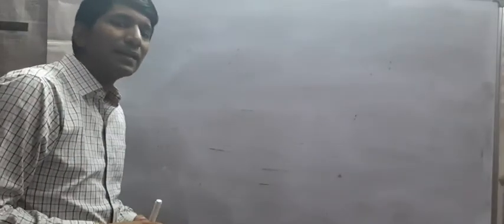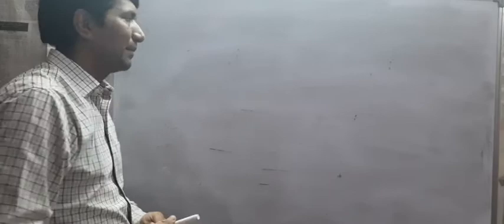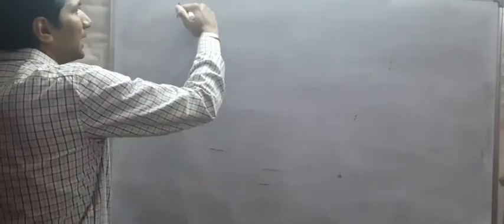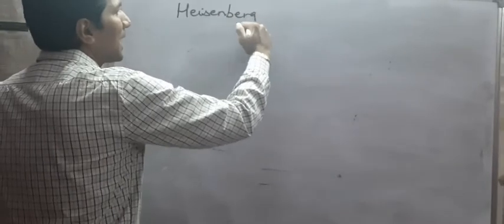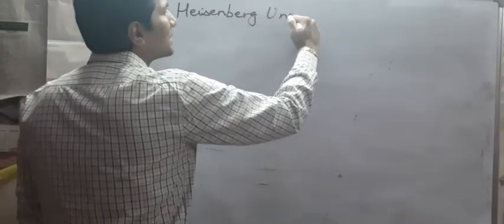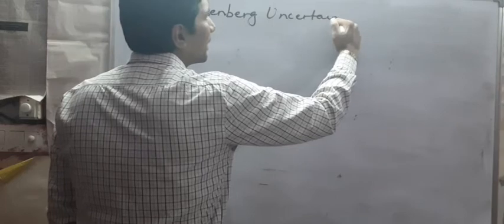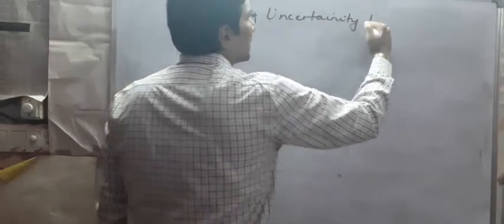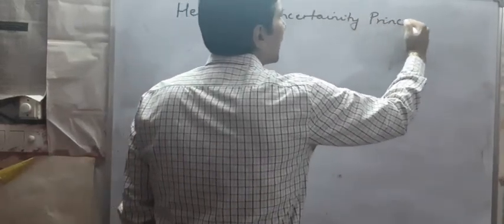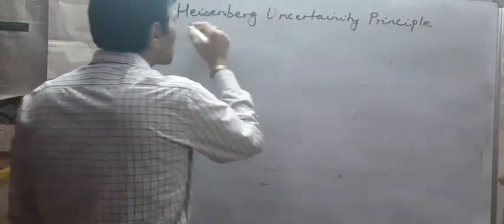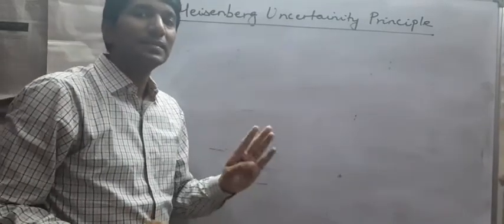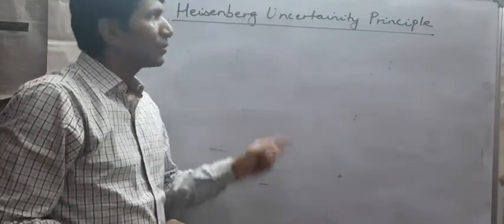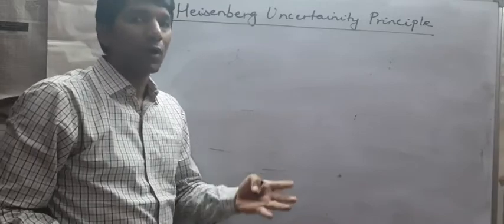Now let's understand the next concept, which was given by Heisenberg and is known as the Heisenberg uncertainty principle. As the name suggests, there is some uncertainty somewhere. Now that uncertainty is regarding what?